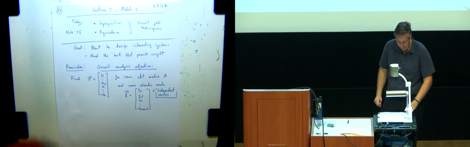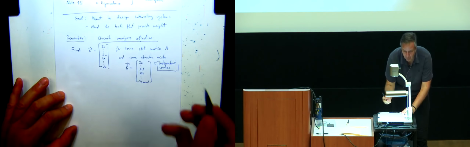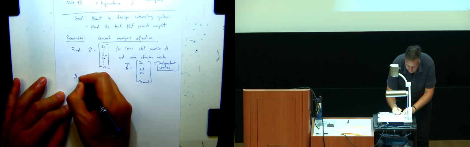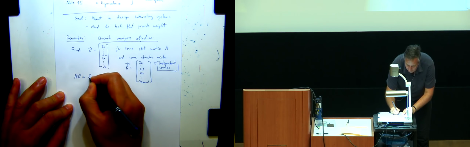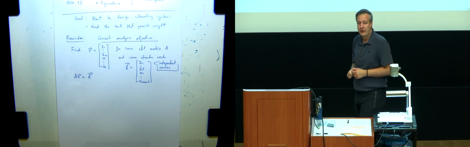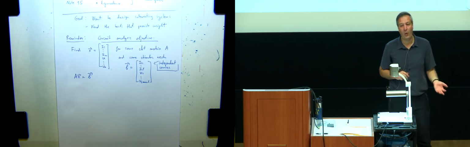But for now, let's just stick with this. So this formulation allowed us, through a painful seven-step procedure, to formulate this type of system of equations, AX equals B. It's tedious, but you can always do this.